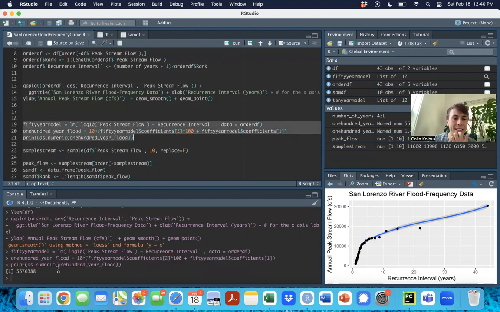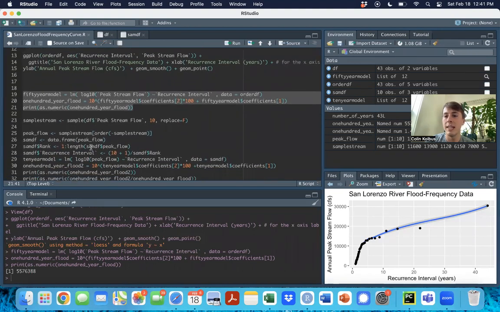It's calculated that a 100-year flood is about 5 million cubic feet per second, which is very large. If I had more data points, that would become a bit more reasonable and probably lower. But you can see some of the issues with what kind of data set you're using.